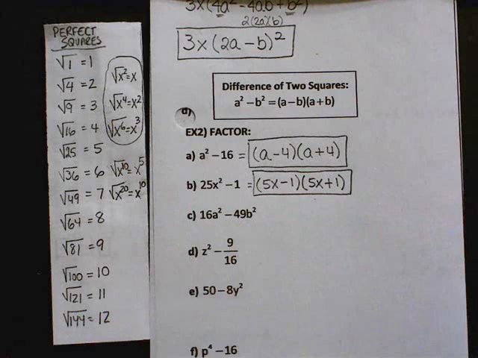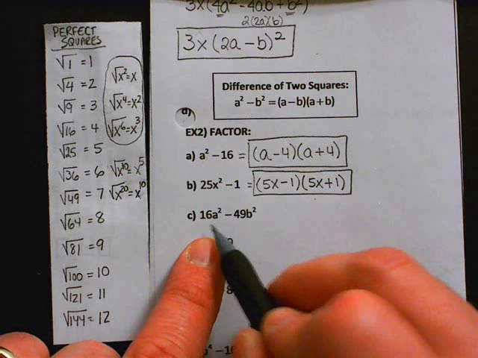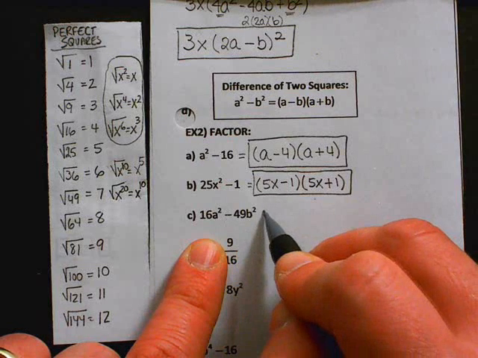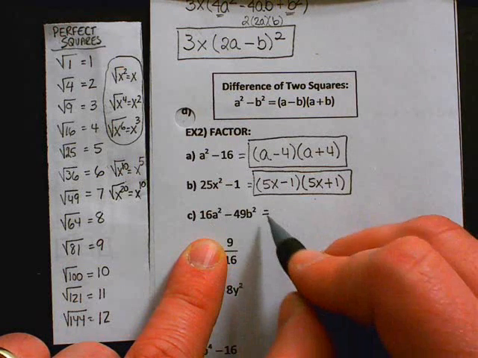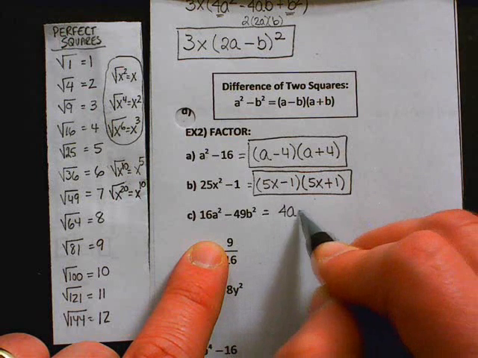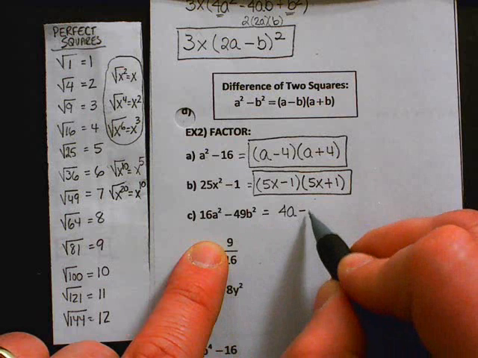Alright, let's continue on. I have perfect squares for the first and second term, and I do have a minus. So square root of 16a squared is 4a, and the square root of 49b squared is 7b.